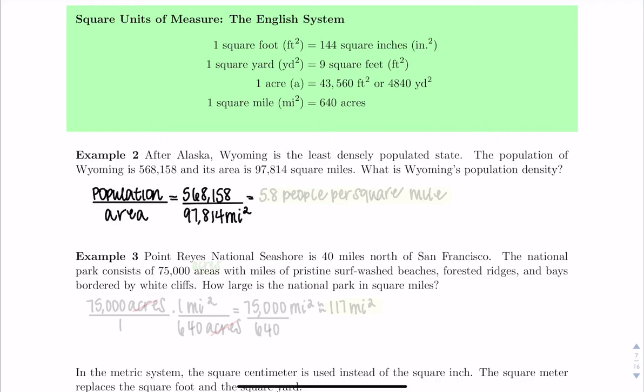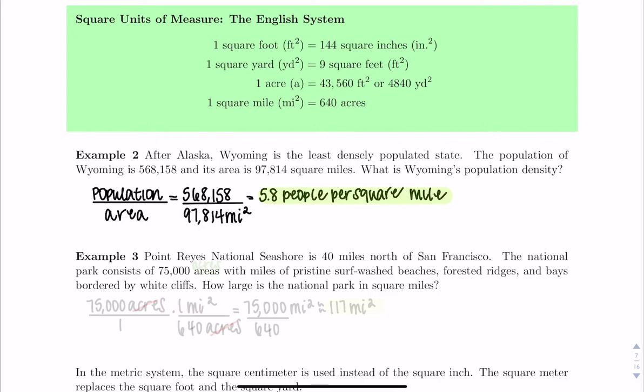And so simplifying this, this is about 5.8 people in a square mile, or per square mile. So on average, in a square mile, I would find 5.8 people.